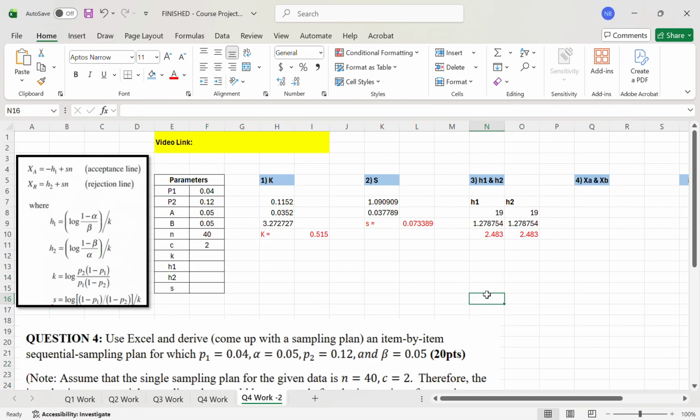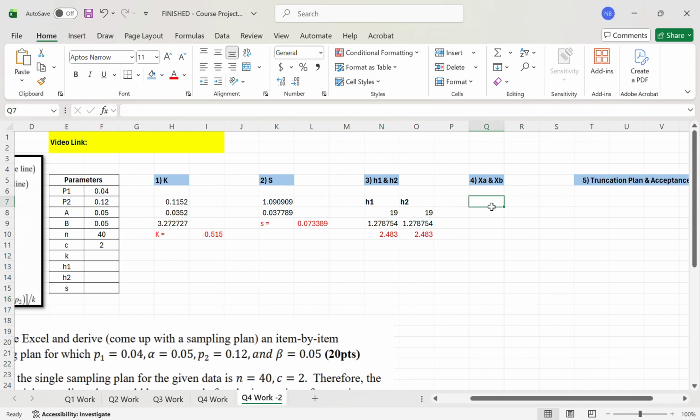So now we can go ahead and build out our acceptance line or formula and our rejection line formula.